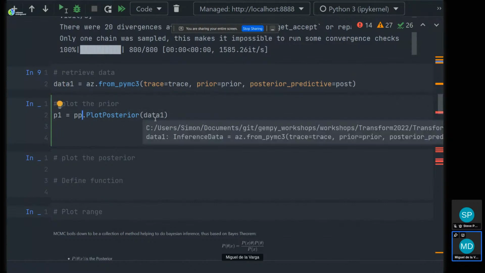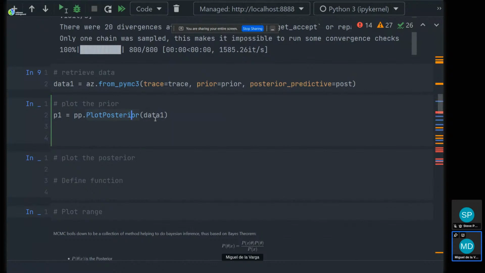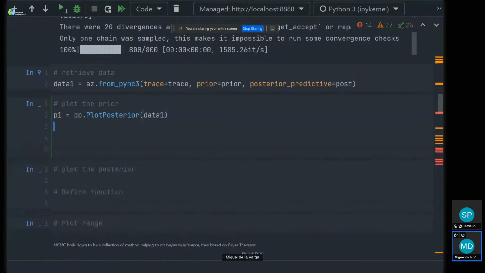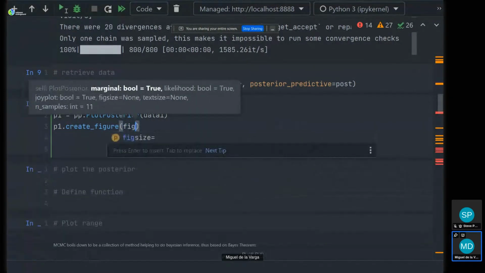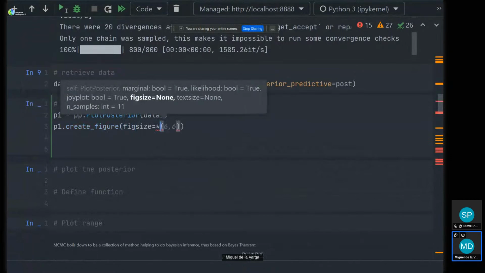Most of the functions that we're going to be using you can find in GemPy. They are just a bit of a tweaking of ArviZ functions, and I already made them specifically to teach these types of things, so they are very verbose and very clear, hopefully. The syntax is that we are just creating this plot posterior object. The first thing we can do is define which type of figure we want to create, for example, give the size.